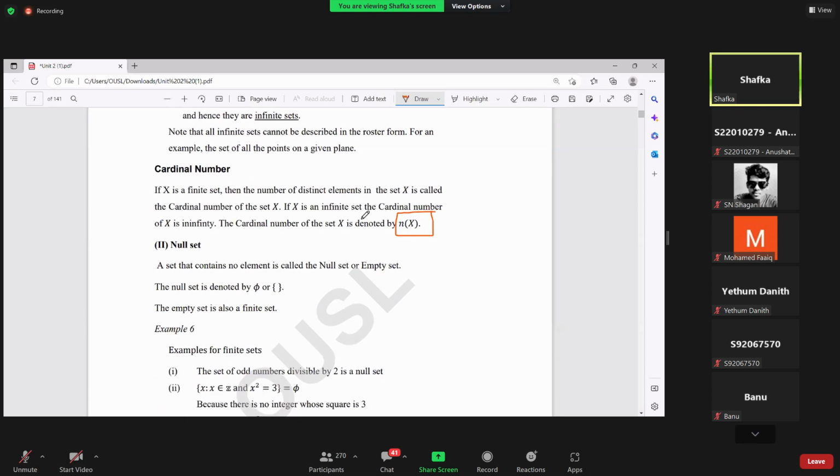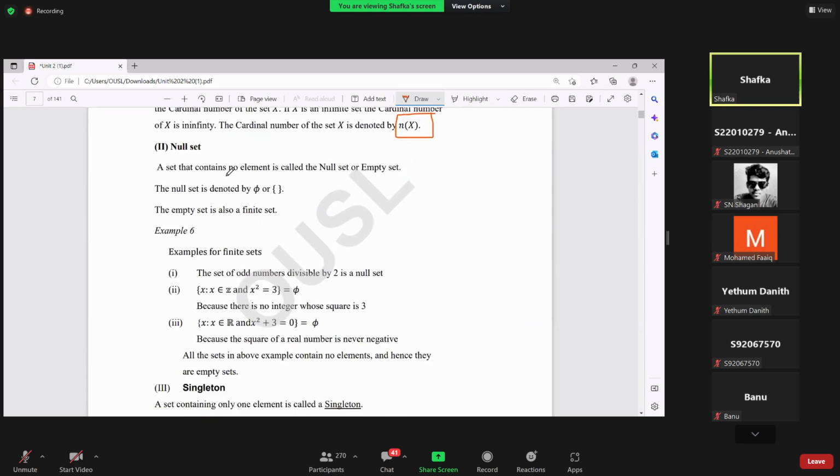So a set containing no elements is called a null set, or we call it an empty set. Okay. The null set is denoted by this symbol or just the curly brackets. Okay. If there's no element, we say the cardinal number is 0. It's also a finite number, so the null set is a finite set.